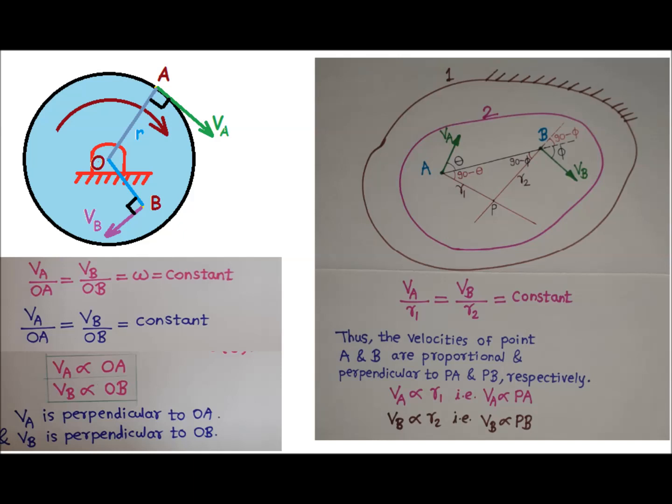Similarly, velocity at point B, VB, on planar rigid body is directly proportional to distance of B from P, and VB is perpendicular to PB, or we can say VB is perpendicular to BP. Means if we will draw perpendicular to VA and VB, it will intersect at P, which is center about which body 2 is having pure rotational motion.